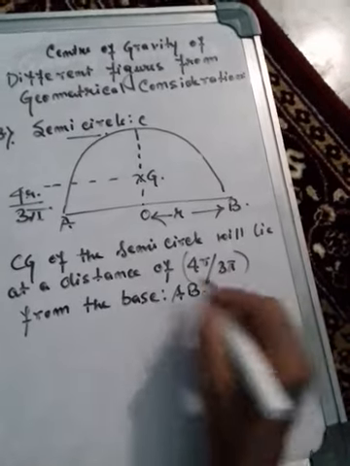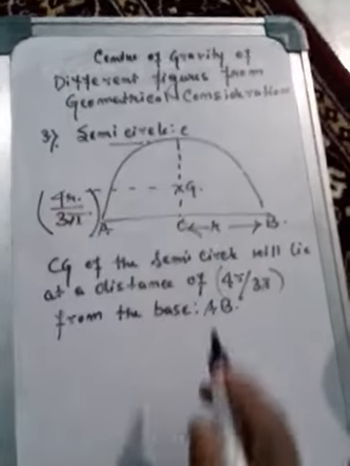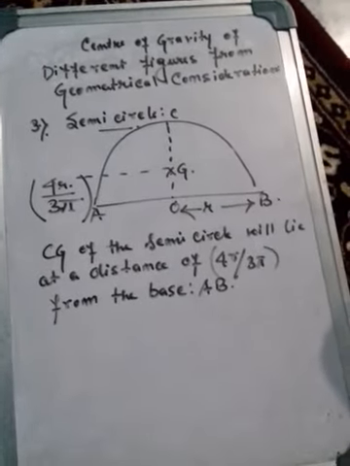So from the base, the distance of CG will be 4r divided by 3 pi.